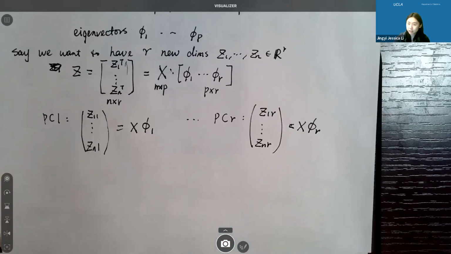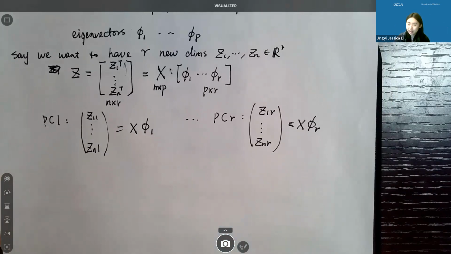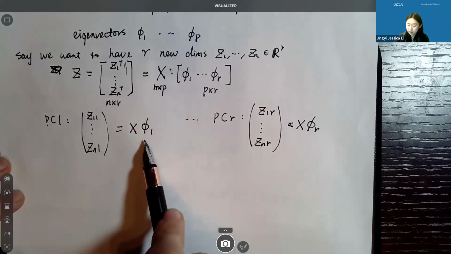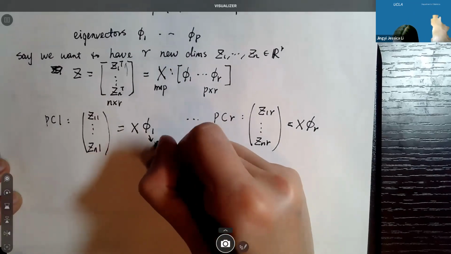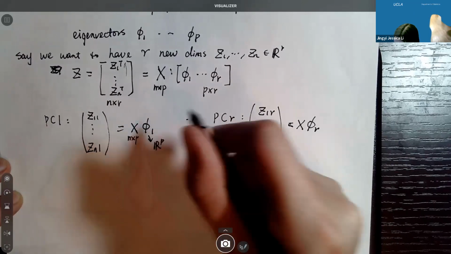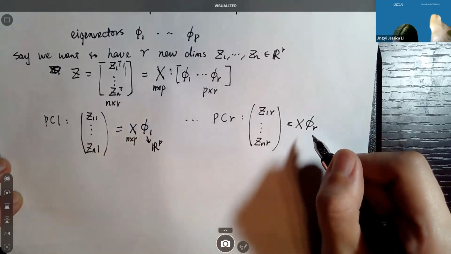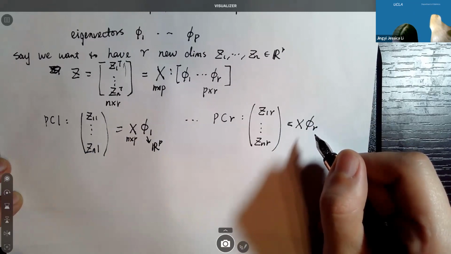So the loading vector doesn't involve your n observations. It's just a p-dimensional vector. Here, phi 1 is a p-dimensional vector. So phi 1 is in R^p, X is n by p, right? Let me see, phi 1, yeah.